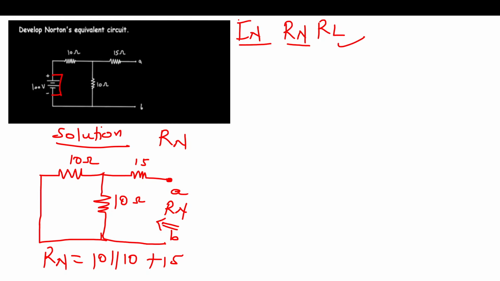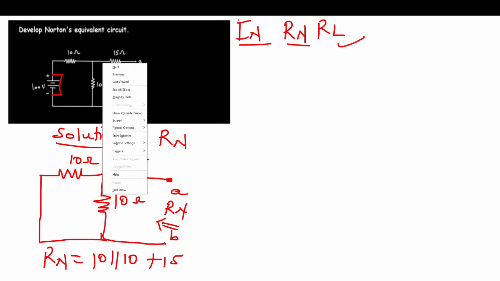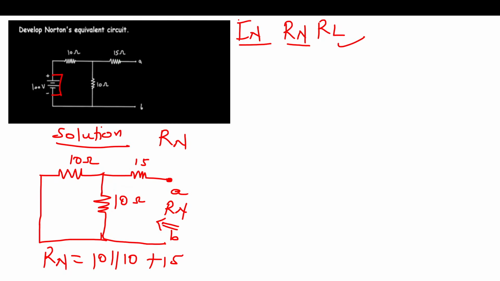This 10 here is going to be in parallel with this 10 here, but it's going to be in series with the 15 here. Now what are you going to get? Product over sum, 10 times 10 over 10 plus 10 for resistors connected in parallel, plus 15, and I'm going to get 20 ohms. So that is the Rn.